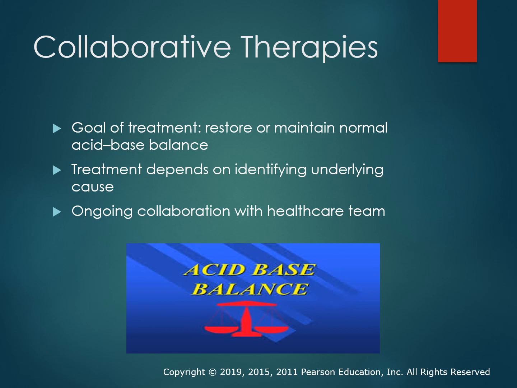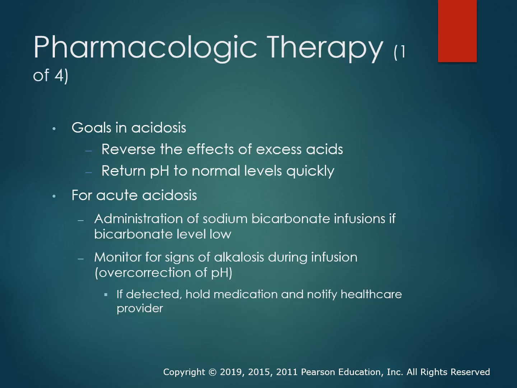What's causing this person's body to be out of balance? There is ongoing collaboration with the healthcare team, ongoing assessments. Never stop assessing. Assess every time you go in the patient's room, especially a patient that's in critical condition.